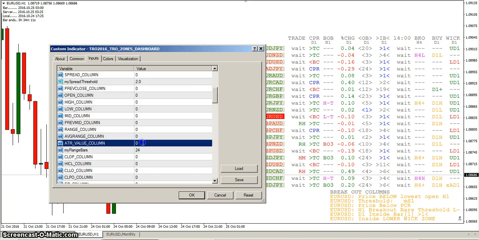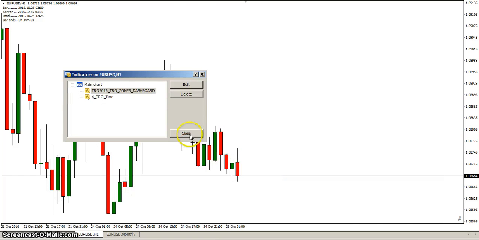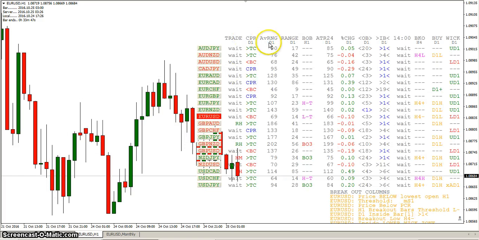Okay, next, moving down. I believe I've told you about the previous close column. And what I did was add an ATR column here. So let's just say 20, 20, and 20. And we're going to use 24 bars for these ranges. And so what you'll get here is the average range for the day.